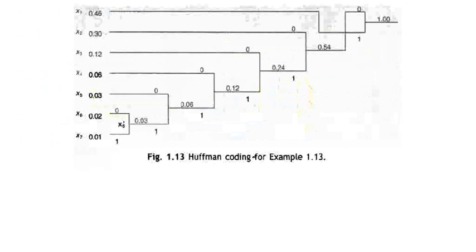As we followed earlier, while combining two symbols, the least probable symbol is assigned 1 and the greater probable symbol is assigned 0. So 0.54 is assigned binary 0 and 0.46 is assigned binary 1.